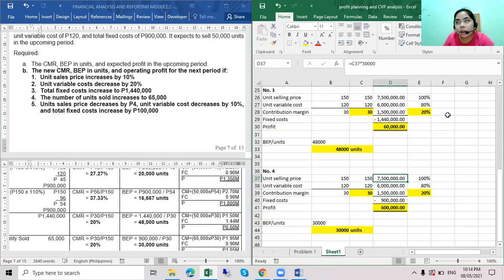Only naghambal siya nga ang number of units sold increases to 65,000. So our original units to be sold in the upcoming period is 50,000. So what if we will sell 65,000 units in the upcoming period? What will happen? This will become 65,000 units. So of course, mas may increase siya class, kay nagdamo imo ginbaligya.